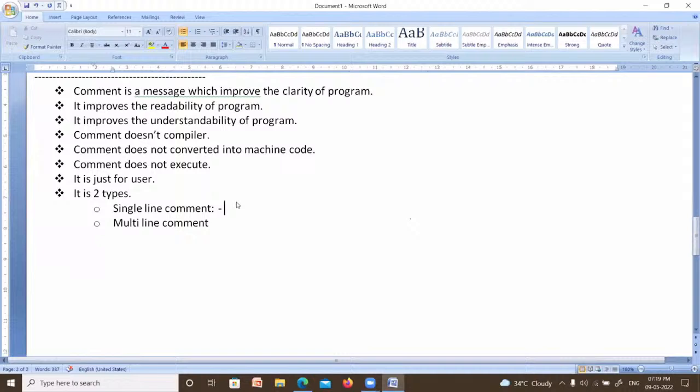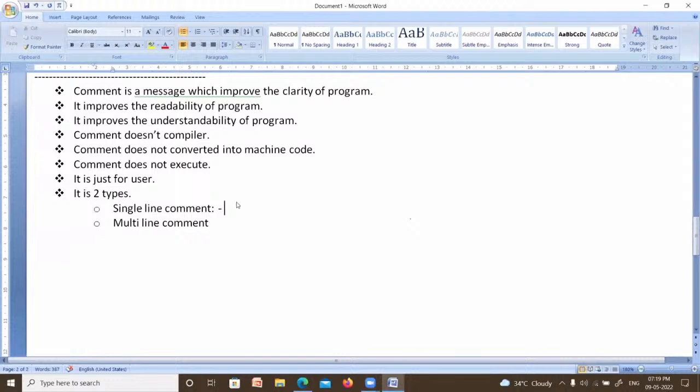It is always enclosed within slash and star. Here you have to write the multi-line comment. Finally, you have to close with star and slash. Now I will give you an example.